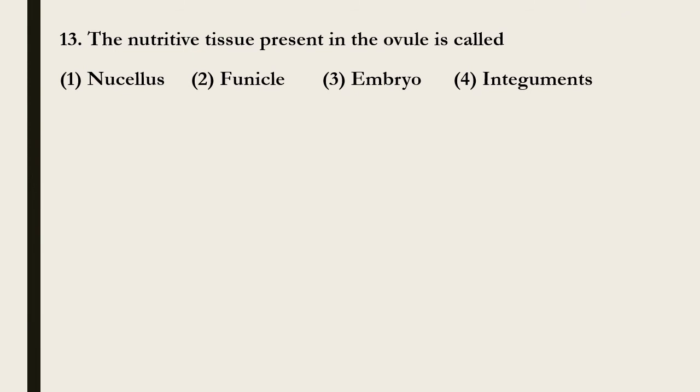Question number 13. The nutritive tissue present in the ovule is called: option 1, Nucellus; 2, Funicle; 3, Embryo; 4, Integuments. Let's see the options. Nucellus is a tissue enclosed in the ovule. The funicle is the stalk of the ovule.